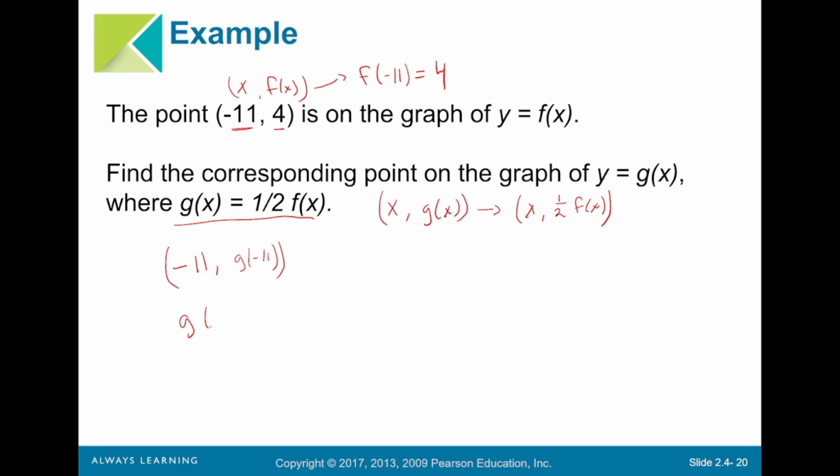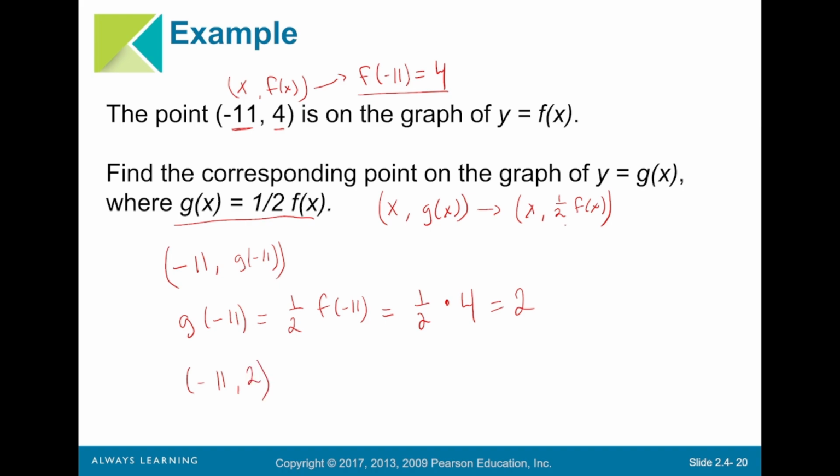I know g of x is 1/2 f of x. So g of negative 11 is 1/2 of f of negative 11. Well, f of negative 11 is 4, so 1/2 times 4, which is just 2. So we know that the corresponding point is (-11, 2).